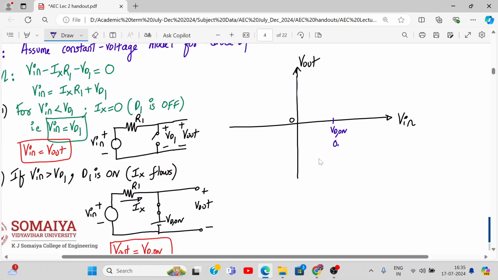I know it may be 0.7, I can write it also 0.7, that's fine. So tell me what will happen. Here two conditions are there. When V in is less than VD1 or VD on, we can say, what will happen? V in is equal to V out. Correct? How do you represent V in equal to V out? Till where it will stop?